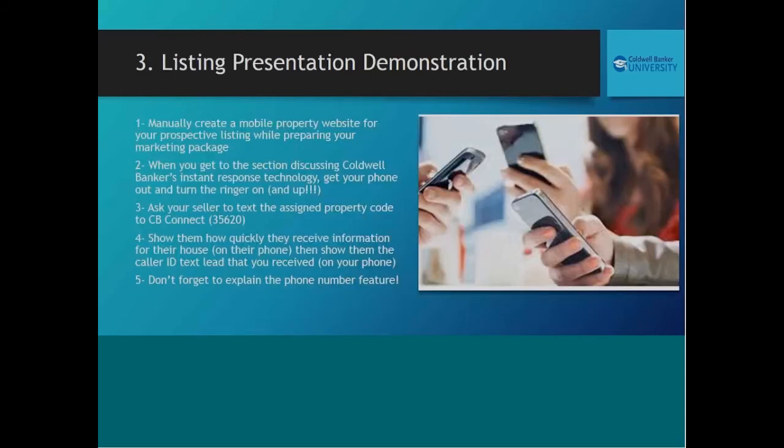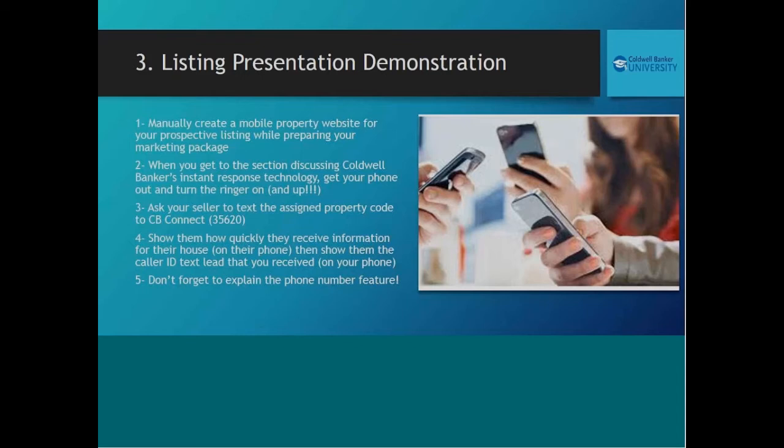To demonstrate the CB Connect system in a listing presentation, this is something I want you all to become proficient with, because this system in its exact form is proprietary to Coldwell Banker.